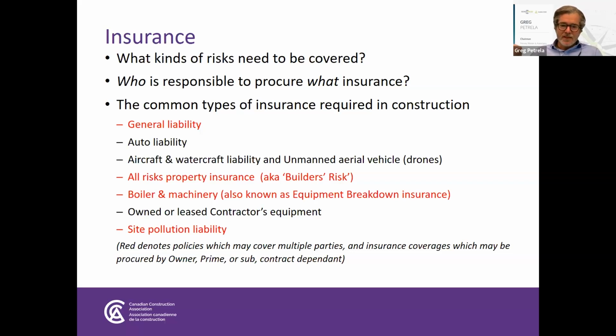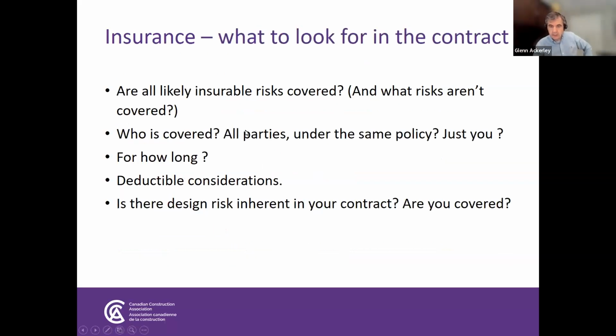So the point being that the contracts themselves, the prime, the subcontract agreements, the supplementary conditions inherent in a contract will tell you who is responsible for procuring what insurances. So I think that's everything I have to say on that particular slide anyway.